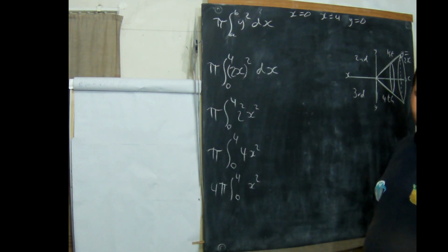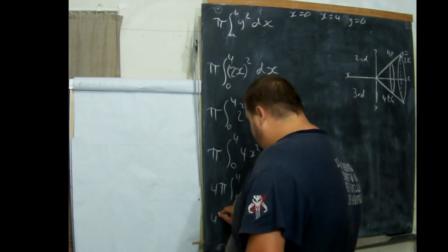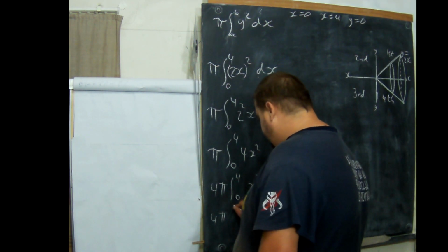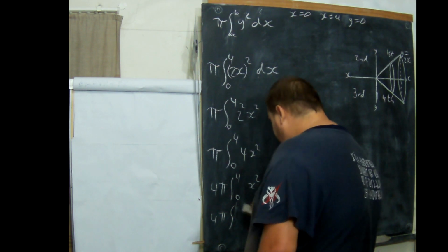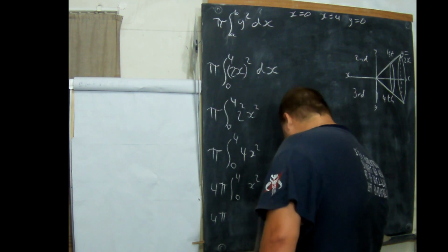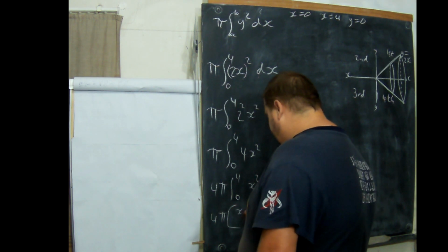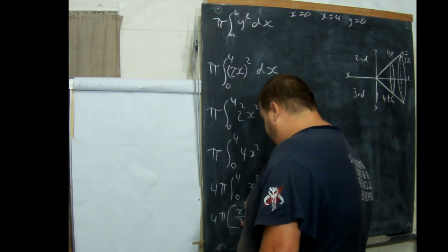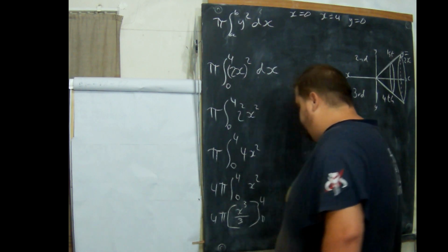Now all we do is integrate x squared. So 4 pi. Now we integrate x cubed over 3, between 4 and 0.